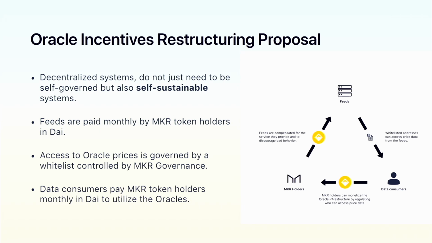And one of the things we saw on the Oracle side was, from a technical perspective, they would still work, but the monetary incentives to keep them running are not there. And so how can we realign these incentives to make the Oracle stack more resilient, not just through technology, but through financial incentives as well?